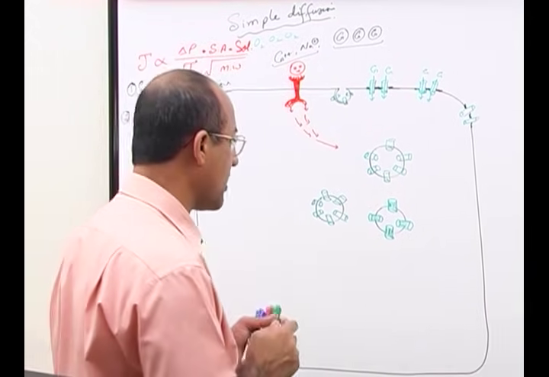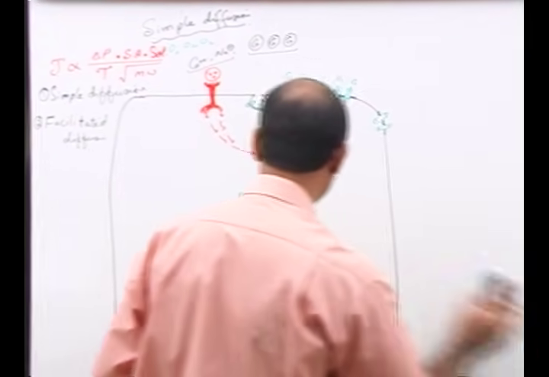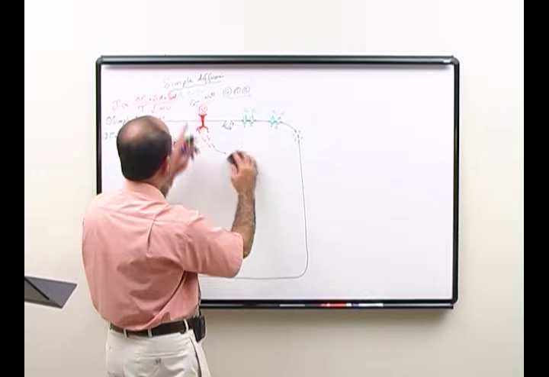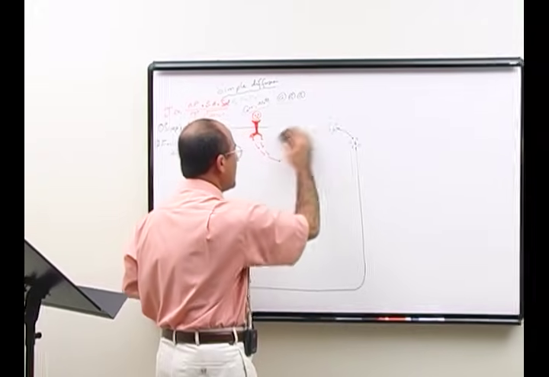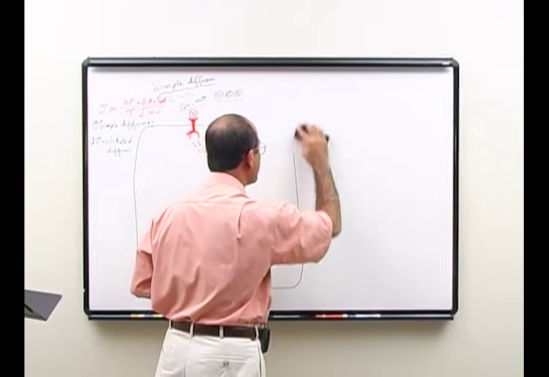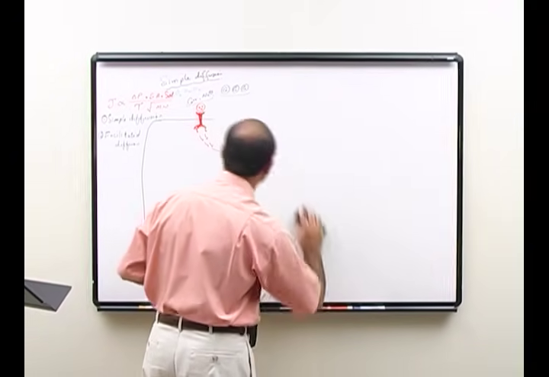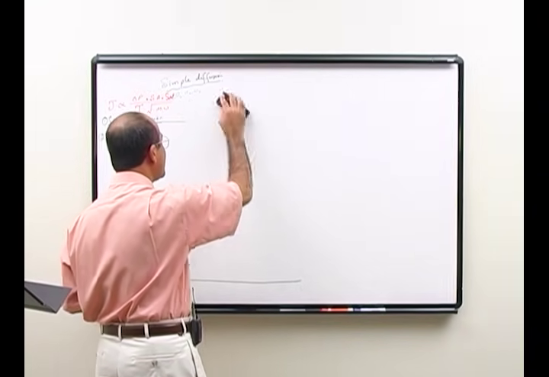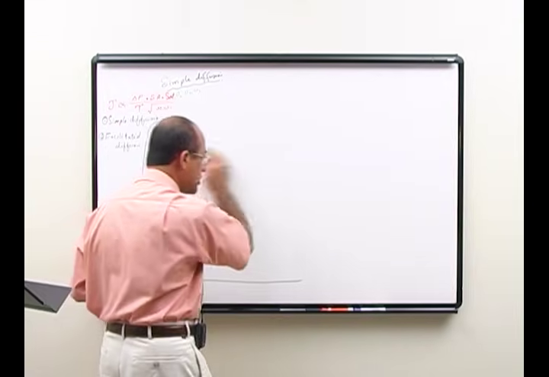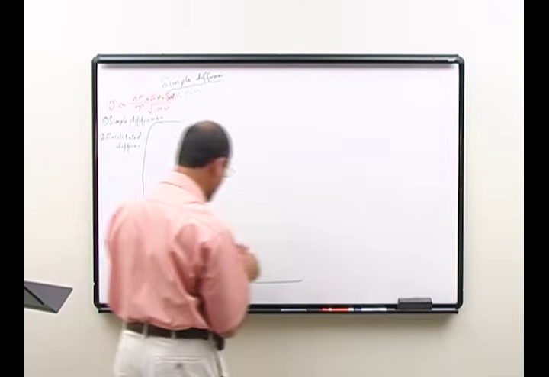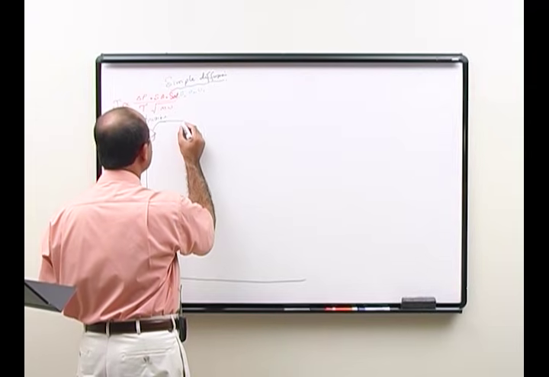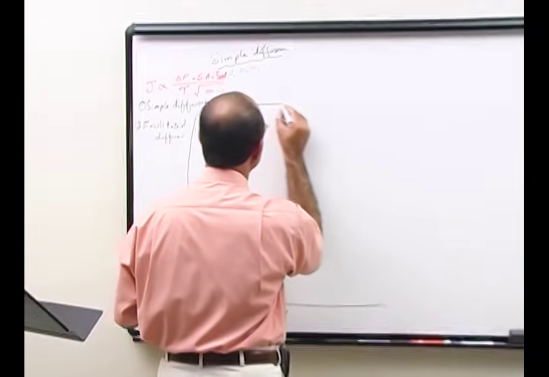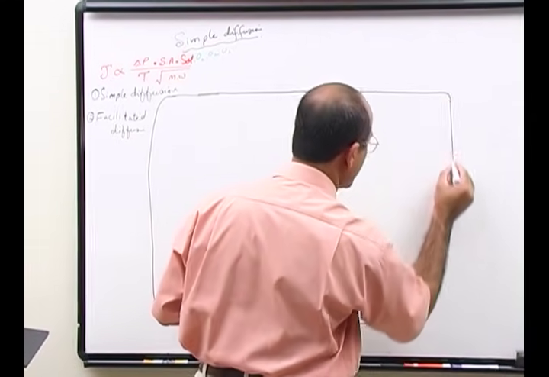Let me tell you another example of facilitated diffusion. We were talking about calcium and sodium. Do you think sodium is present more inside the cell or outside the cells? Yes, sodium is more present outside the cells, and calcium is also present in higher concentration outside the cells, right?